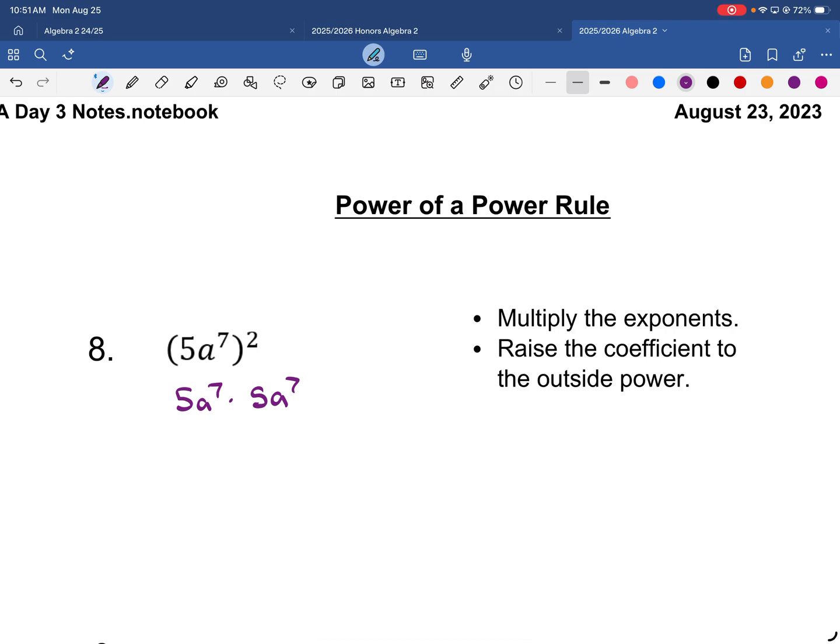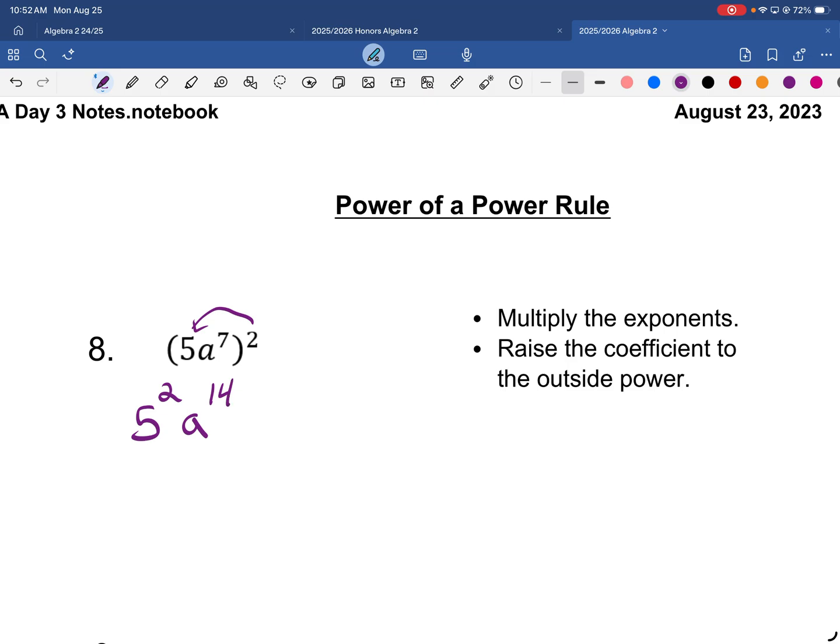So when we're thinking about these, you got to make sure that you take the squared to each of the pieces. So this is going to be 5 squared because we have to take the coefficient to the outside power, and then we multiply the exponents. So 7 times 2 is 14.